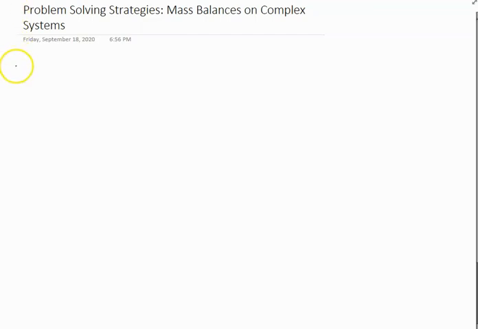So for the sake of these examples, I'm going to start with really the simplest problem you can have. This is a mixing problem. I've covered this before, but I want to use it as a starting point here because this is basically the easiest that it can get. We're going to talk about this in three ways.